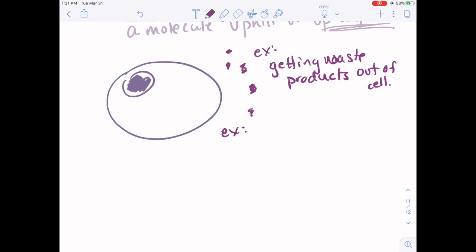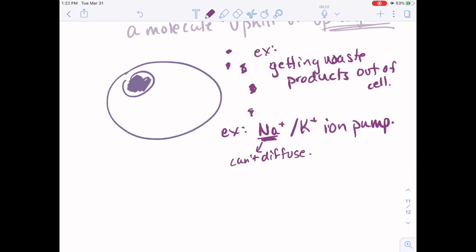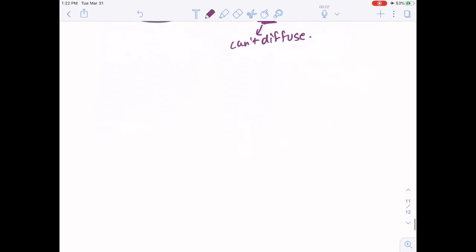Another example is called the sodium potassium ion pump. Now I know you know sodium can't diffuse across the membrane, but sometimes the cell needs to move sodium across the cell membrane. So let's look at it this way.